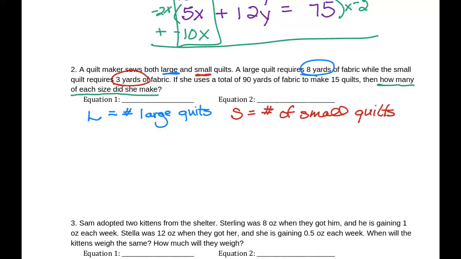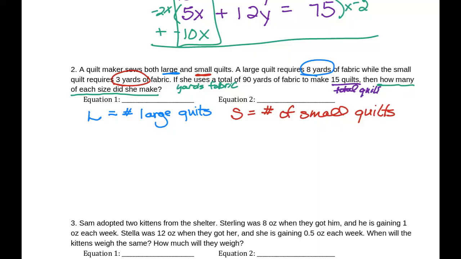Yeah, the yards of fabric. So this one is talking about yards of fabric. And what's the other one talking about? Total quilts, right? Total quilts.